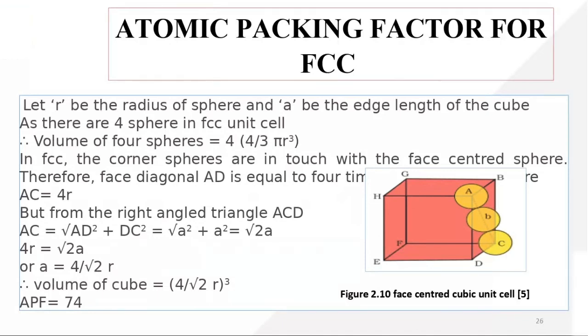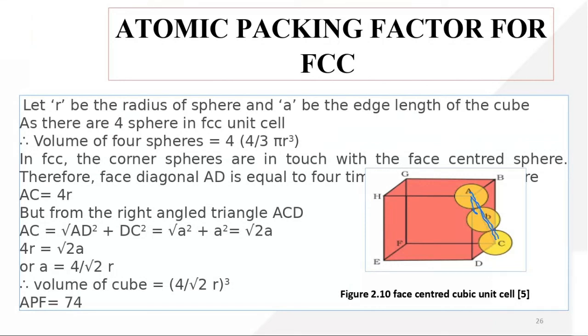So now here is the atomic packing factor for FCC. We know that in the case of FCC, atoms are present at the faces as well as at the corners. So in this case, we find this length along the face.